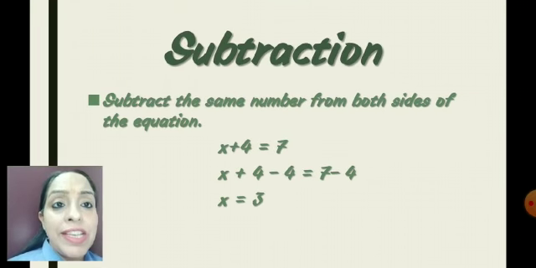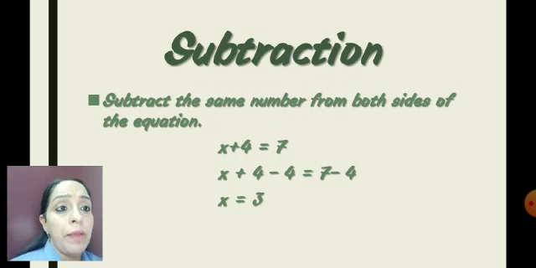In the next example, you can see subtract. What is the opposite of addition? That is subtraction. So you can see, subtract the same number from both sides of the equation. Here I have written x plus 4 is equal to 7. What is written on the left hand side? x plus 4, and x is the variable. What is with the variable? Adding 4.